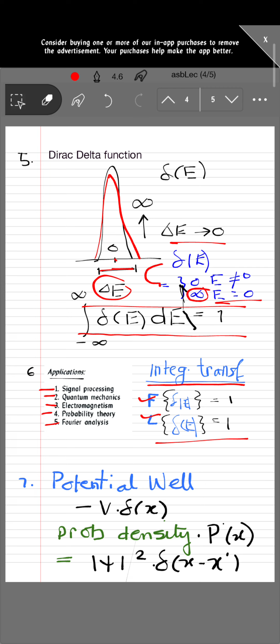And in quantum mechanics, any potential well can be represented by this delta function. So if V is the potential value, when it gets multiplied by this delta function, it has the properties of a potential well. Also, the probability density, where psi is the wave function and the probability density is psi squared, also has a delta function component.